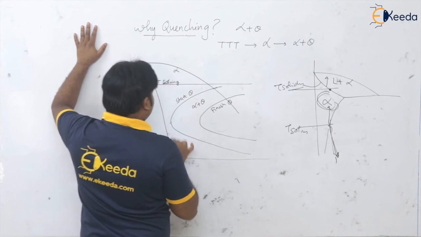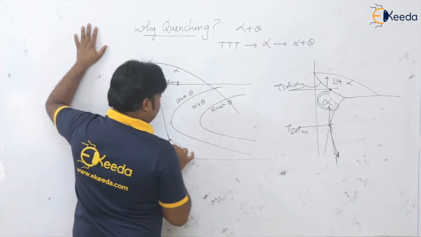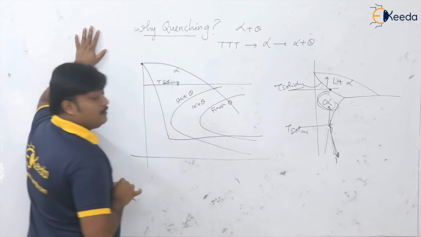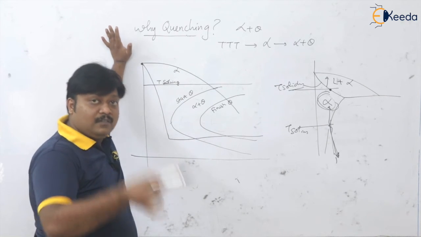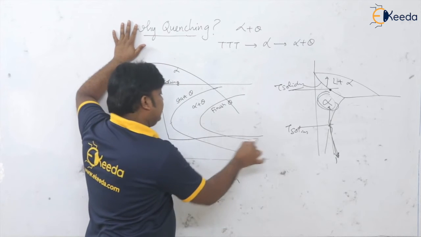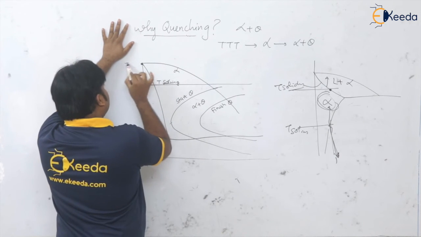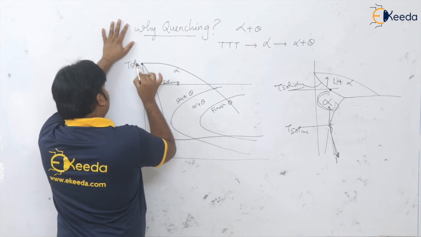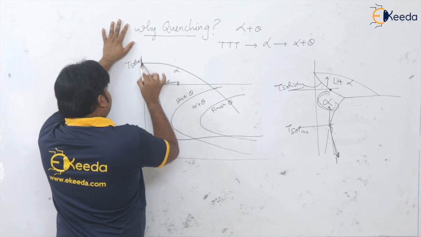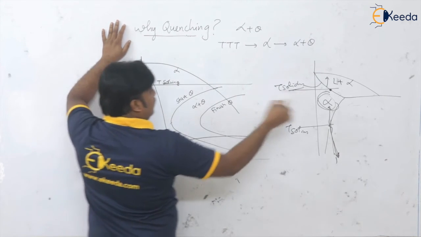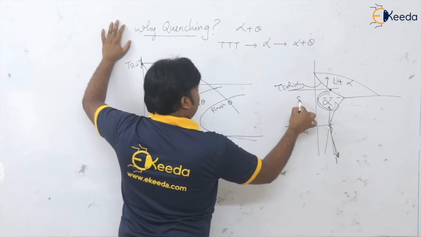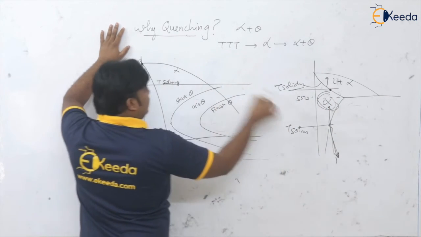And what do I do after quenching? We keep it for a particular time, that is the aging time. So here we quenched. This is of course T solvus, sorry, this is the temperature at around, say, 550 degrees centigrade. So here I am cooling it.